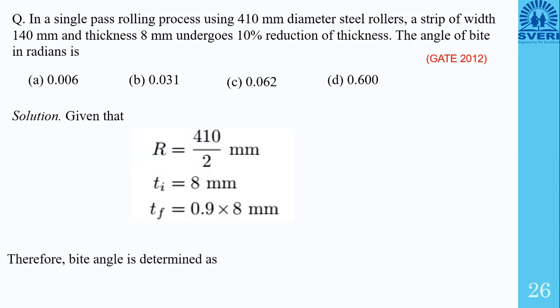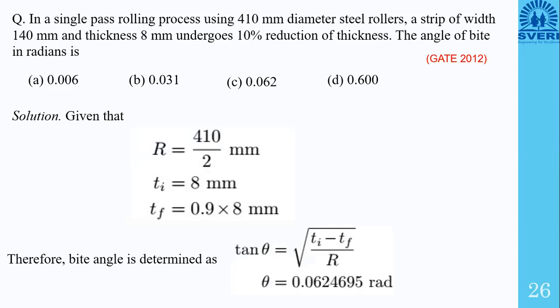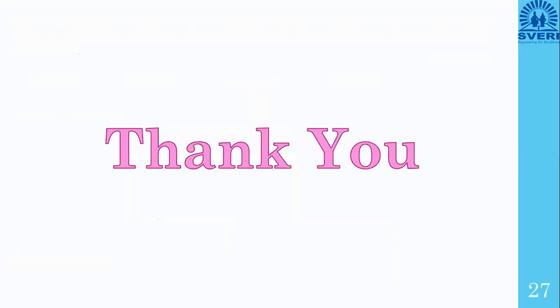Therefore the bite angle is determined as tan theta, the root of (Ti minus Tf) divided by R. If you put the values here, you will easily get the answer. Theta is equal to 0.0624695 radian. Which is the closest answer? C is the closest answer, 0.062. So that will be the angle in radian. This is one more. Such types of examples will be there in our volume.